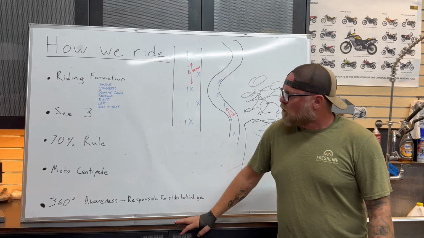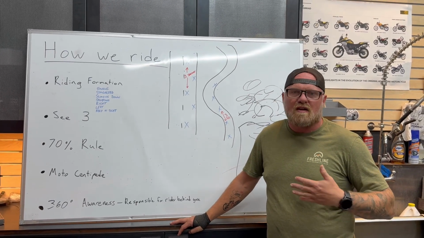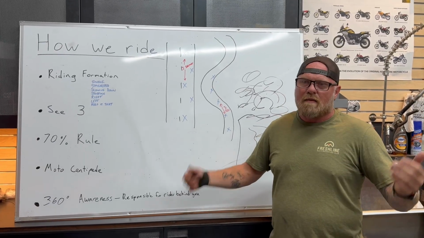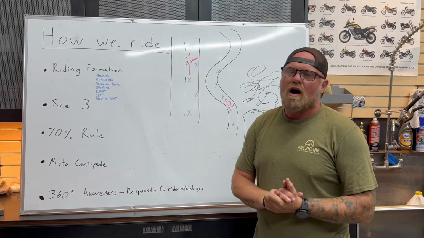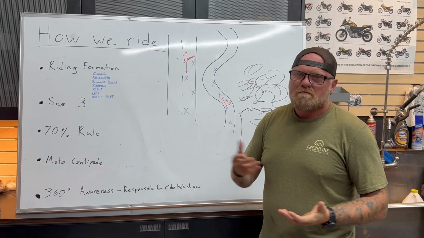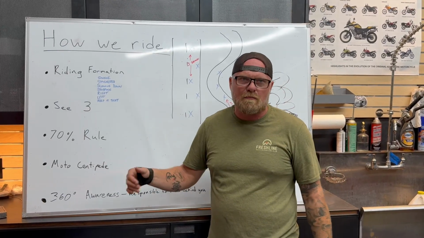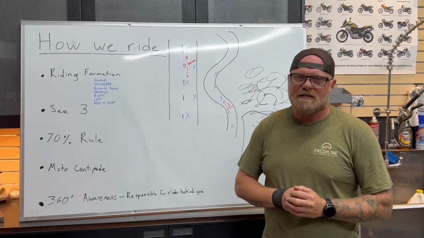Oftentimes as well, Sweep may call out and say, I have eyes on the entire team. Okay, cool. That means Moto Centipede isn't necessary. That means Sweep sees every single guy in line and everyone's making the turn. Awesome. It doesn't mean that 2 miles down the road, lead might not call out, left turn, Moto Centipede, because as we get spread out, we want to make sure that we still work cohesively as a team.